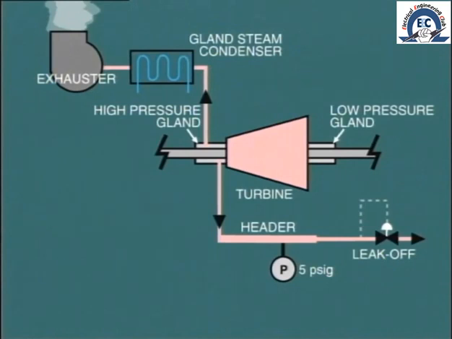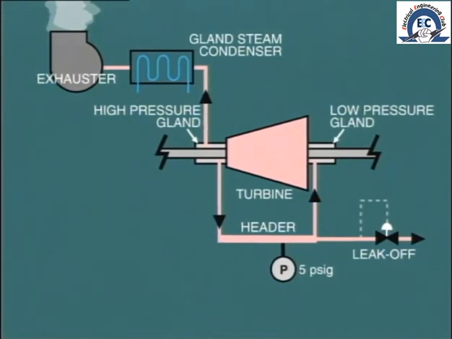Now let's see what's happening at the vacuum end of the turbine. Well, we definitely do not want air to enter the casing, even the small amount that may flow across the labyrinth seal. In order to prevent the leakage of air into the casing, low-pressure steam is provided from the header to the low-pressure gland seal.